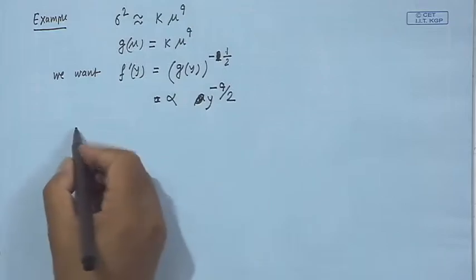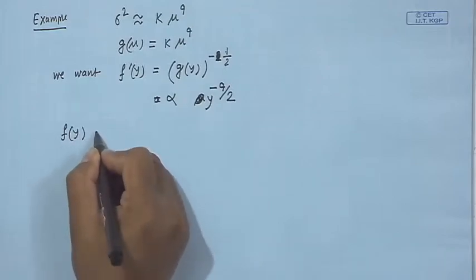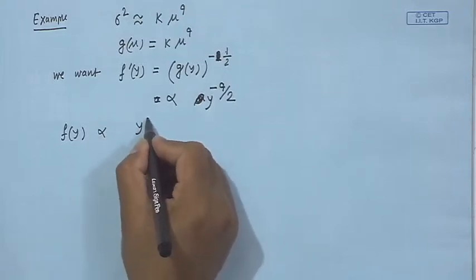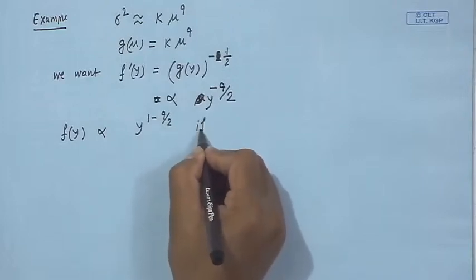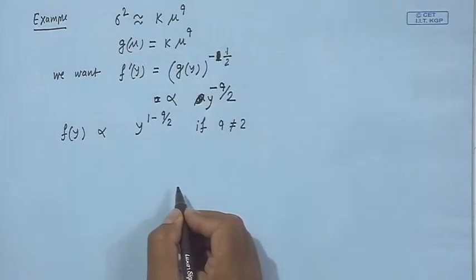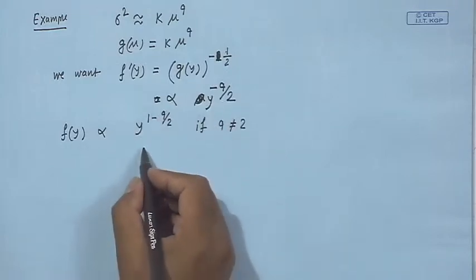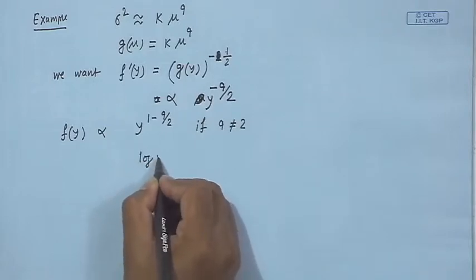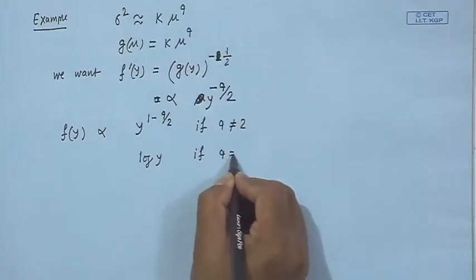Now you can check that f(y) is proportional to y to the power of 1 minus q by 2 if q is not equal to 2, because if you take the derivative of this one, you will get back this one, and log of y if q equal to 2.